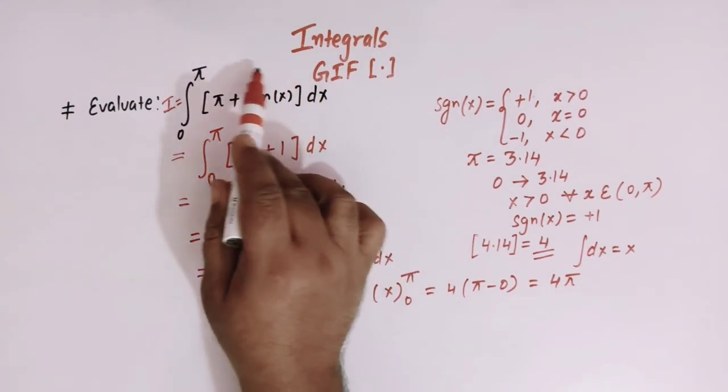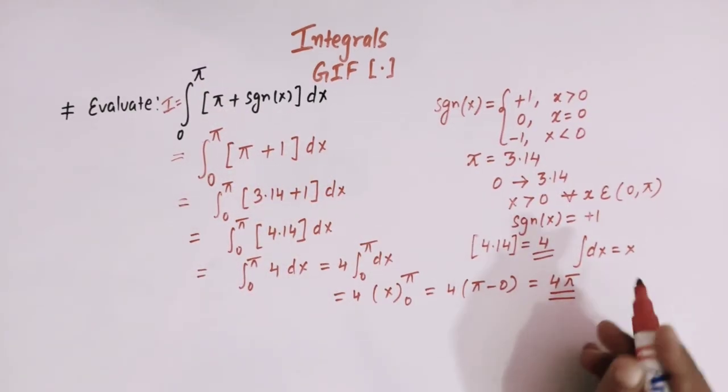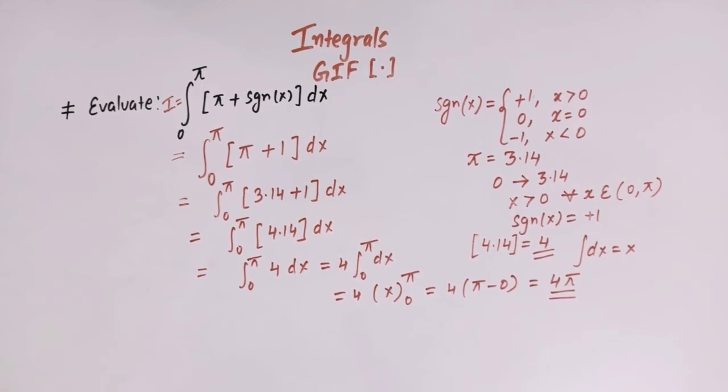So the value of this integral is equal to 4 pi. This is how we solve this very interesting integral, just by making use of the definition and concept of the signum function and the greatest integer function.